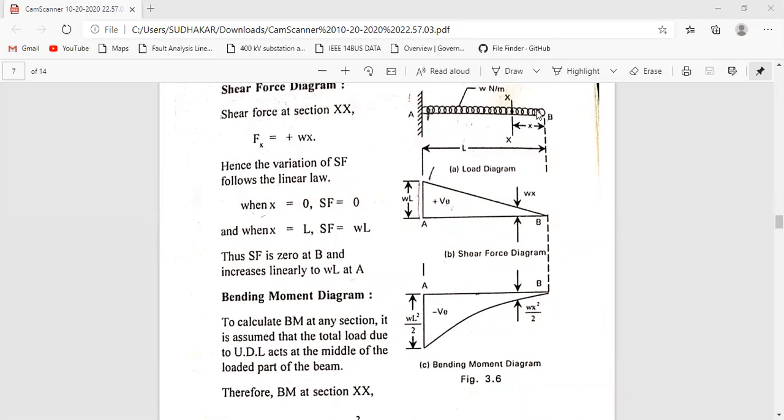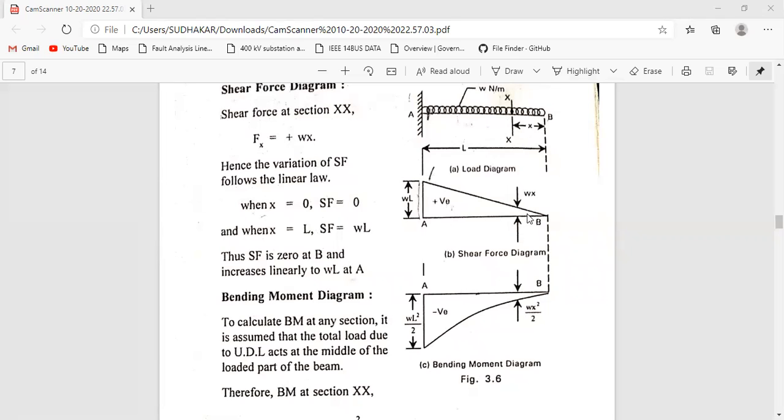Why? Because the load for the UDL is represented as W into X. So here X equals 0, so obviously the load also equals 0. At the point B, the shear force is 0, and at the point L, there is a shear force W into L.